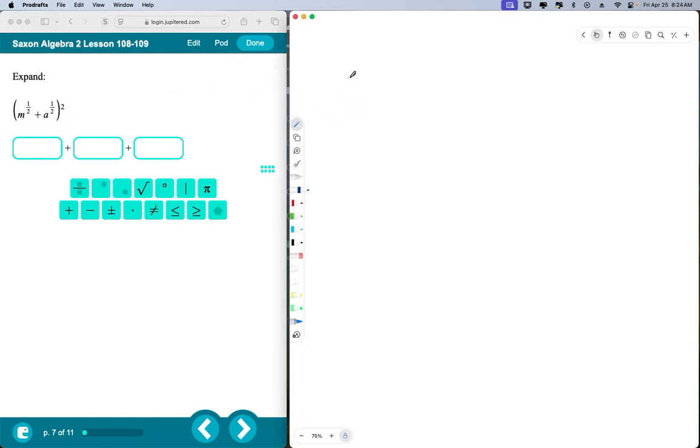So what we have here is m^(1/2) plus a^(1/2), and it's squared, so we can write it again: m^(1/2) plus a^(1/2). And we multiply. m^(1/2) times m^(1/2), that's going to be 1/2 plus 1/2, so 2 over 2. So that first term is just m.